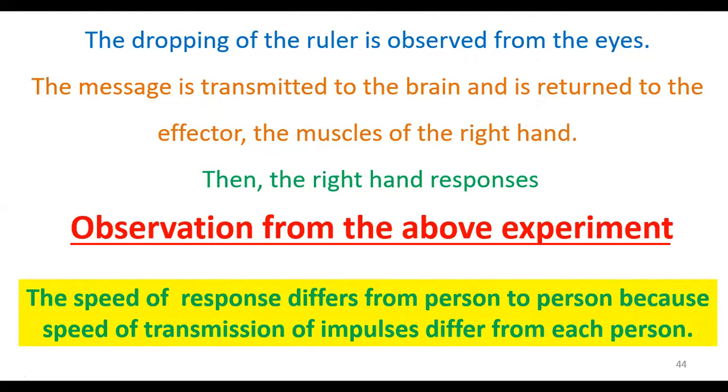If you do that with your grandparents, it will happen like that. If you do it with your father and mother, sometimes they will catch quickly in the middle. If you do it with your brothers, quickly they will catch, because in young people the brain and the powers are very quick. Old people are very slow. So from this, we can understand the speed of response differs from one person to another, because the transmission speed of impulses differs from person to person.